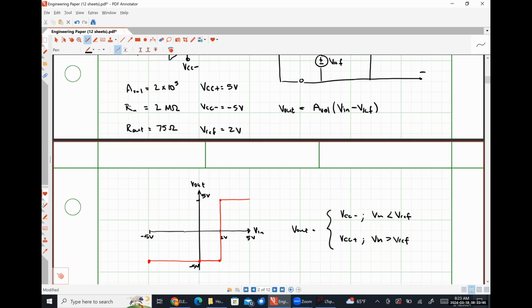And we call this a non-inverting comparator.